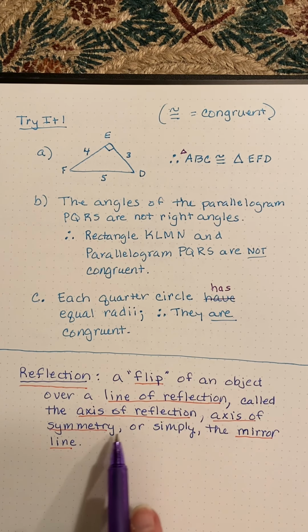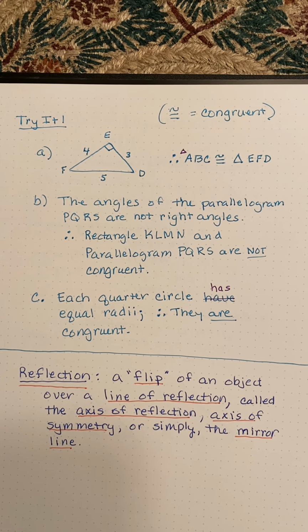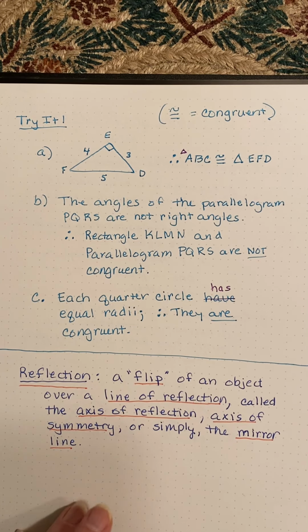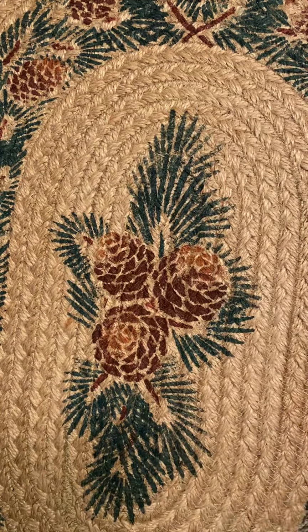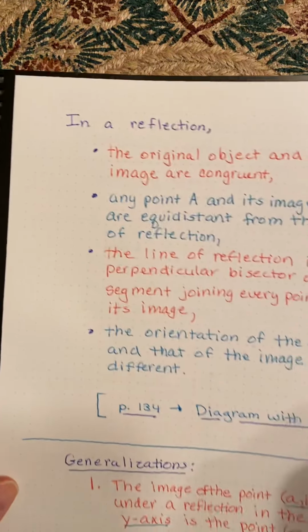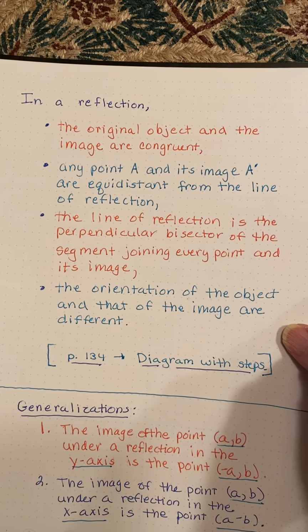Now, we've done axis of symmetry before in level 6, I believe in level 5 also. So this is a review, but there's some more advancements in this book that will help us do this more mathematically than just visually, which is always a little tricky to do.